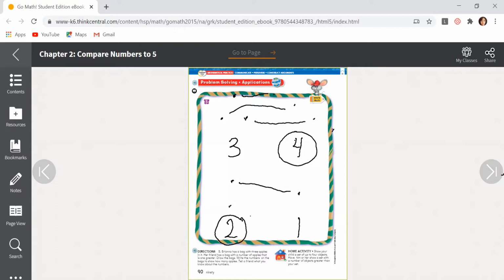Okay, I'm gonna show it on my whiteboard because I can't use my pencil on there. So Brianna has a bag with 3 apples. I'm gonna write my 3 apples. 1, 2, 3. Then her friend has a number of apples that is greater, 1 number greater than Brianna's.